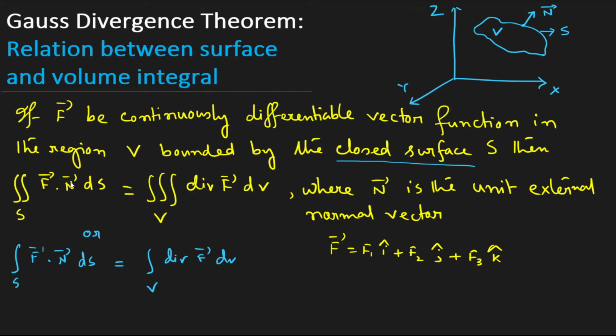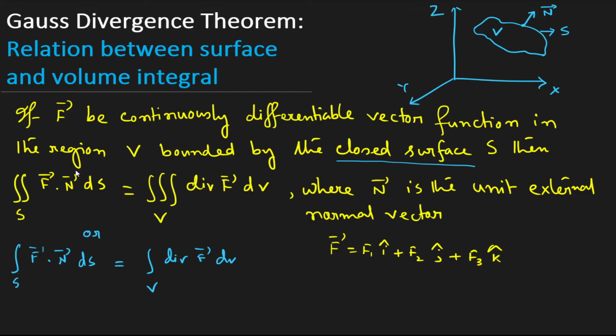Now this capital N bar is an outward drawn normal, perpendicular to this surface at any point. Suppose we think about a ball, which is three-dimensional. The region inside the ball is the volume, and the outer surface is the surface S. Just imagine it like this: if we draw a perpendicular line on that ball, we get a direction, and in that direction the outer normal is N bar.